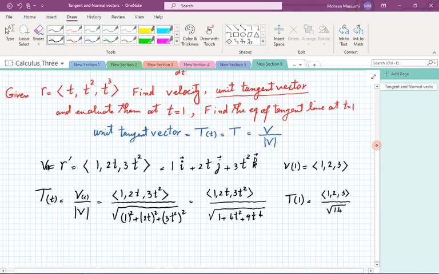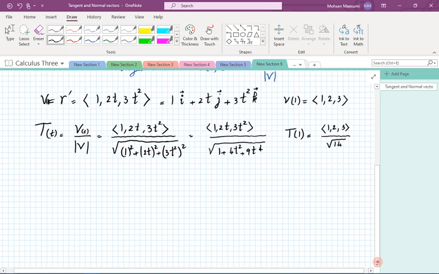One refresher from the equation of a tangent line. How do you write the equation of a tangent line? Let me just remind you.